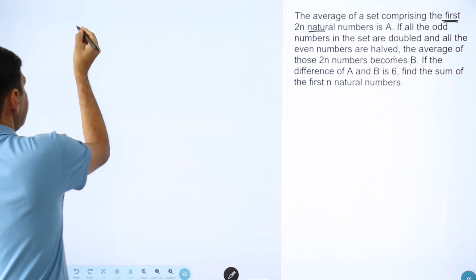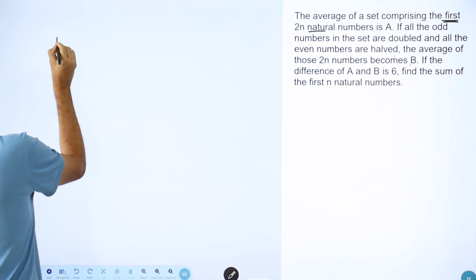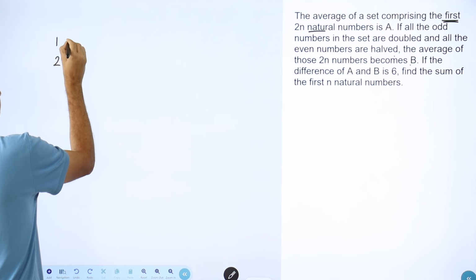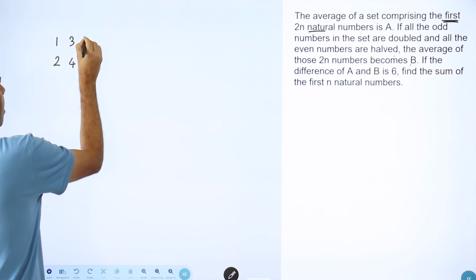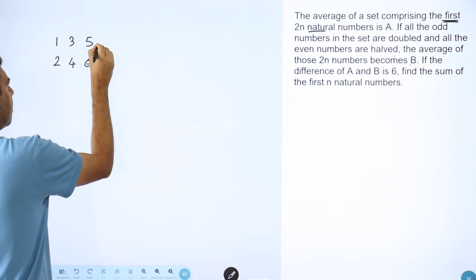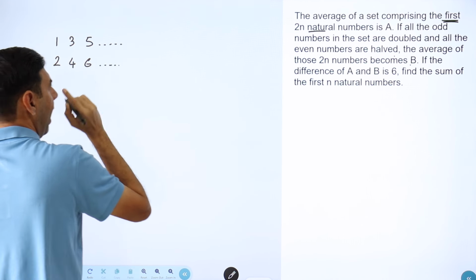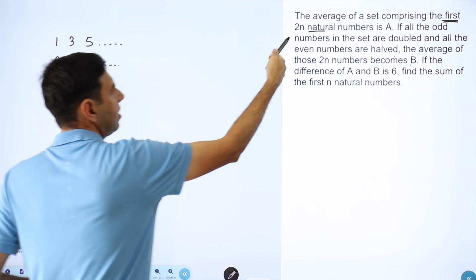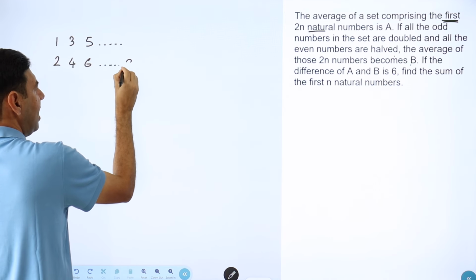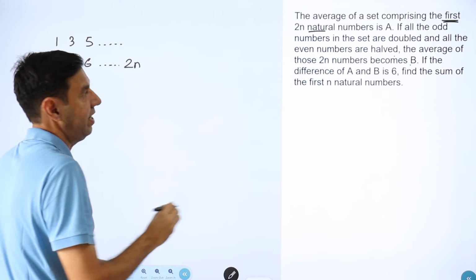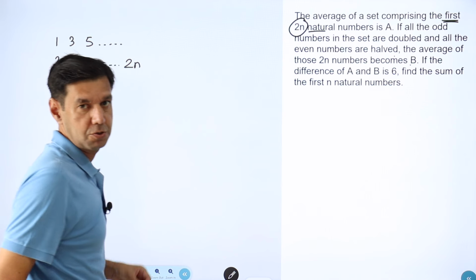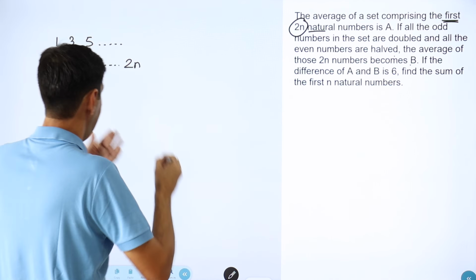So, the set could be divided right at the start between odd and even. 1, 2, 3, 4, 5, 6, and so on. The top row is the odd numbers. And this would continue right till the total is 2n. So the last number is even, that's 2n. So 2n is used to denote that it ends with an even number.